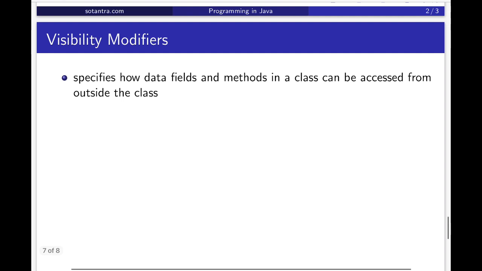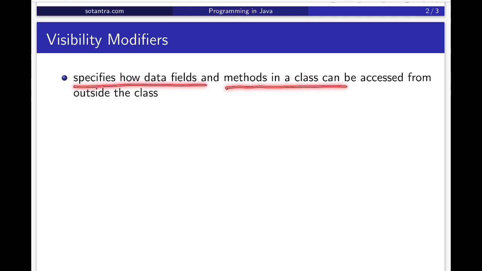So now we will move to the visibility modifiers. The visibility modifier specifies how data fields and methods in a class can be accessed from outside the class.